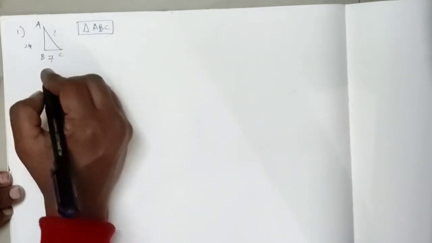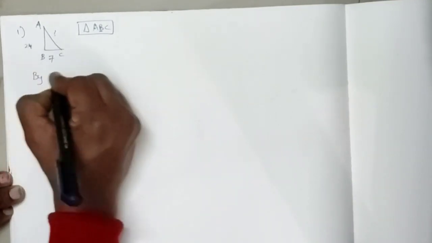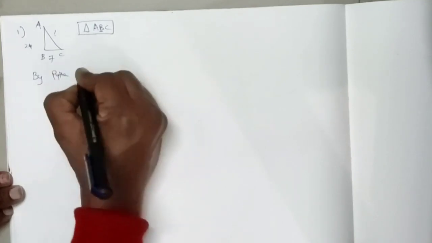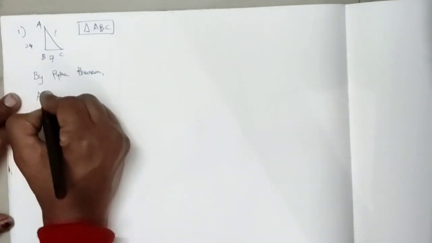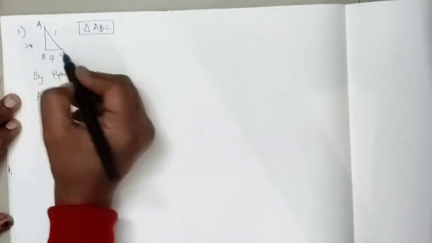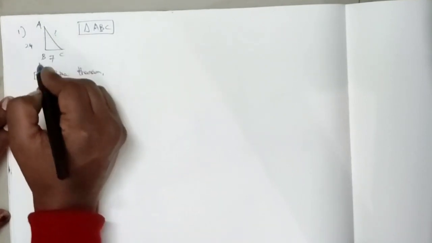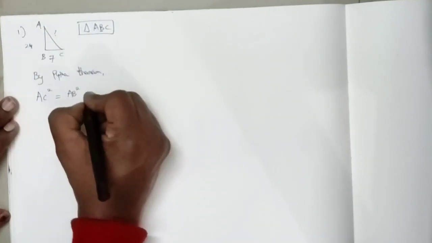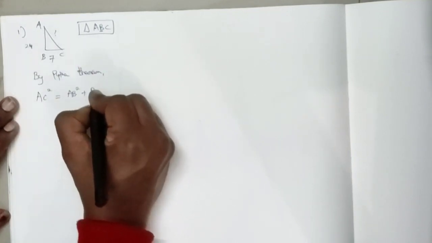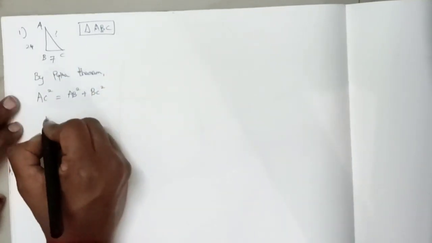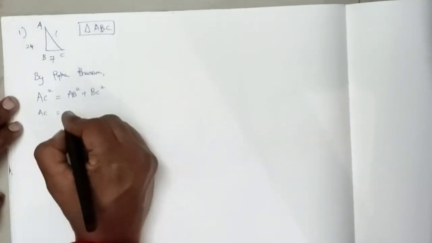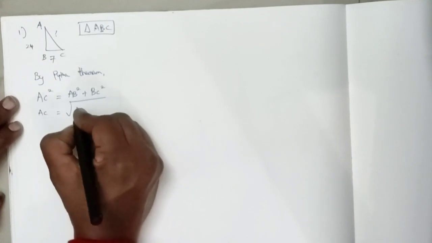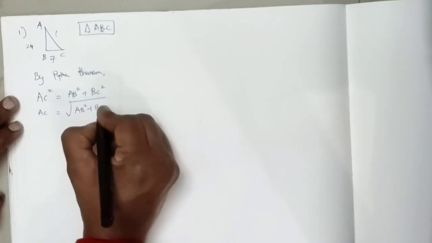So we all know about the Pythagoras theorem. By Pythagoras theorem, AC square, that is the hypotenuse square, is equal to one side AB square plus another side BC square. So AC is equal to root of AB square plus BC square.